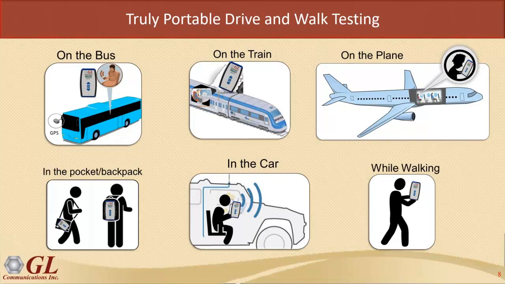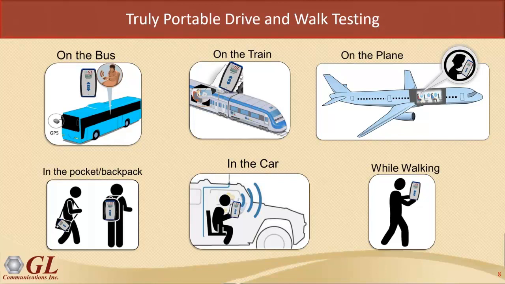You're ready to go with this unit, and as I mentioned, it has a battery and it'll accept the standard phone charging batteries out there, so you have unlimited sources of power for it.